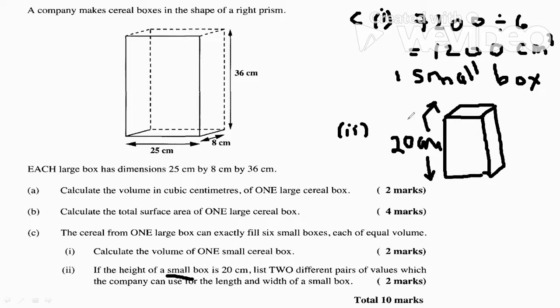If the height is 20 centimeter, list two different pairs of values which the company can use for the length and the width of the small box. In other words, you tell me, what are they saying?